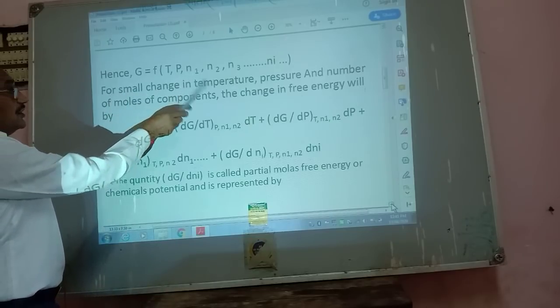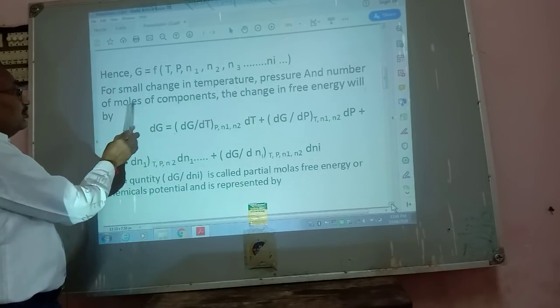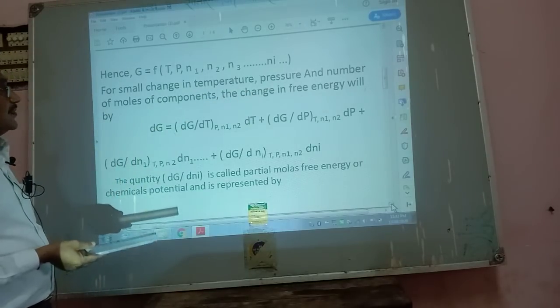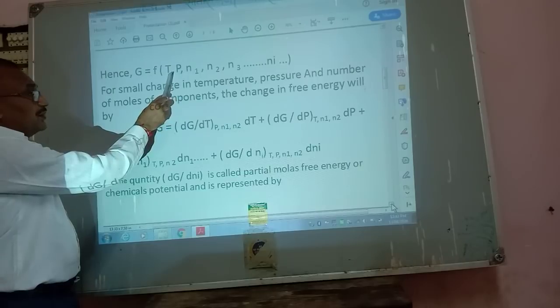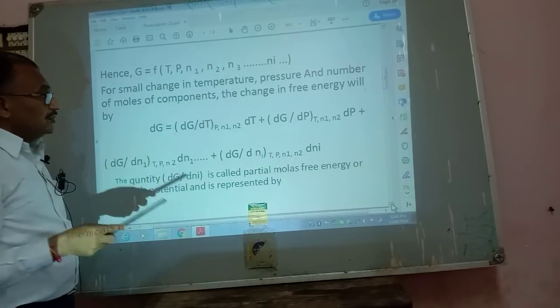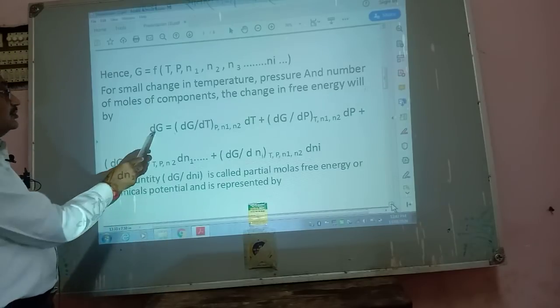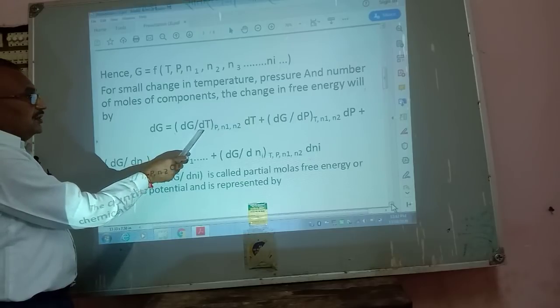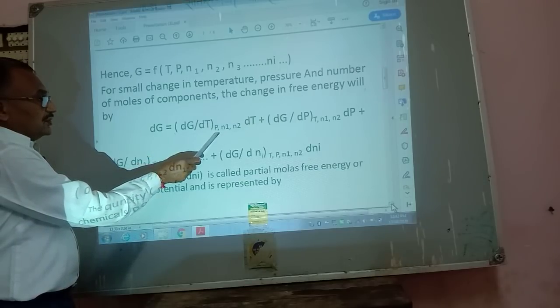For a small change in temperature, pressure and number of moles of the components, the change in free energy is given by dG = (dG/dT) at constant pressure.